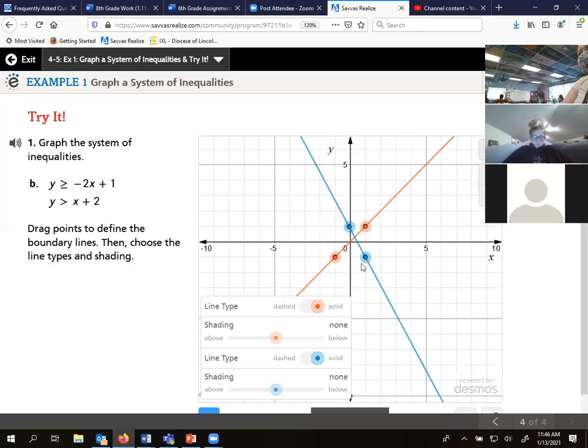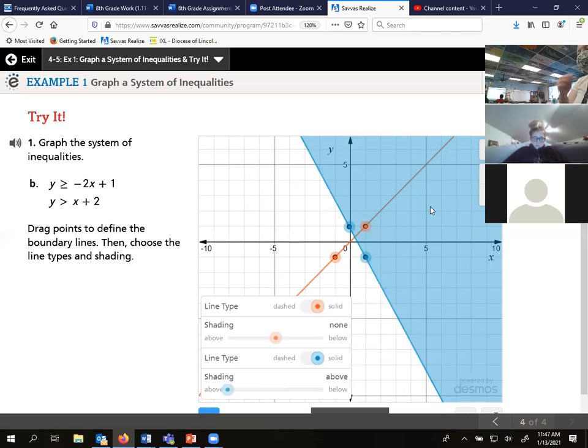Okay, and then what is my slope? -2, which actually that's already the right slope. Is it going to be solid or dashed? Solid. And are we going to shade above or below? Above.